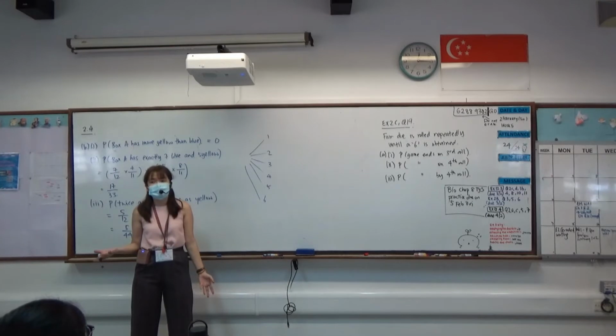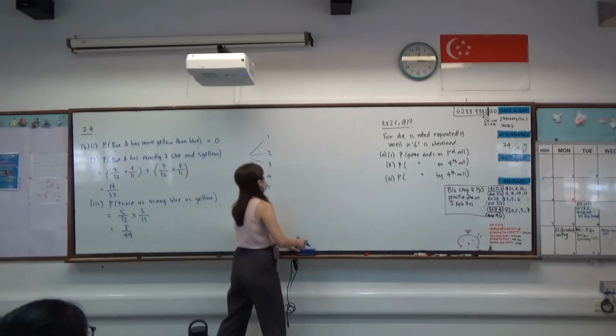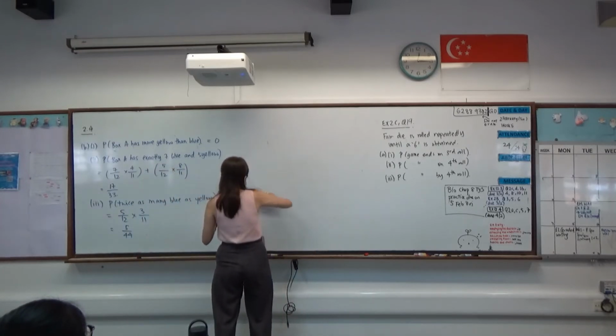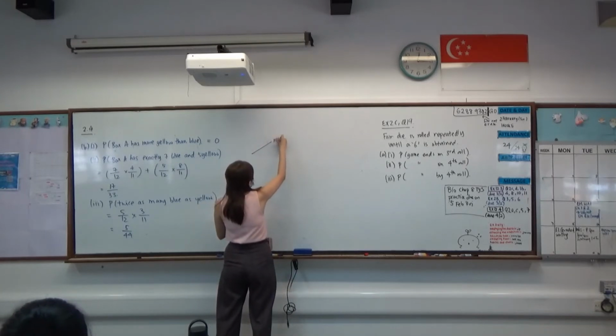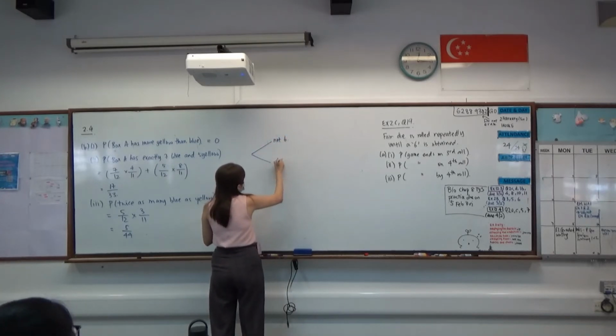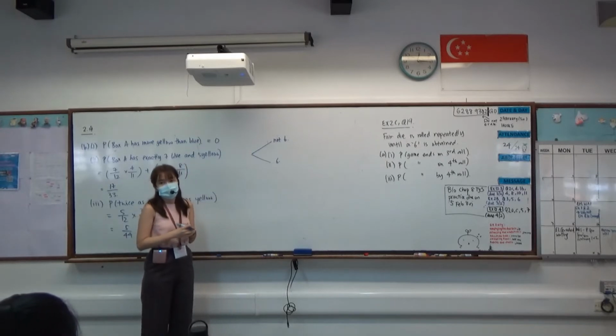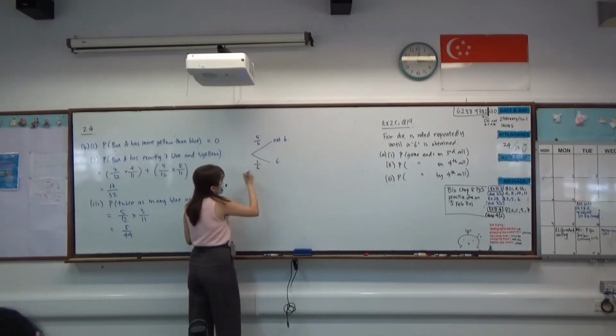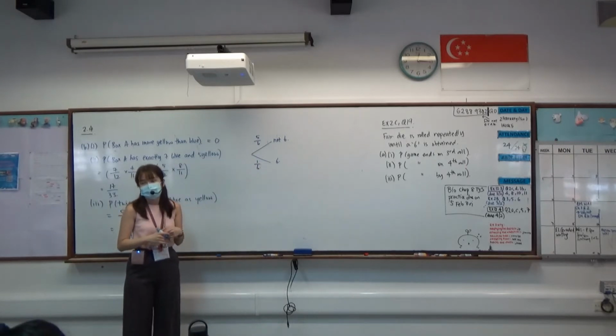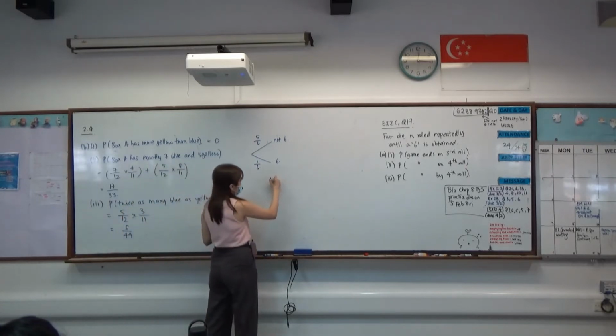That's all. They are not concerned about getting any other number than 6. So to simplify your tree diagram, if you were to draw one, it will either be not 6 or getting a 6. And the probability is 5/6 and 1/6. So this will be in your first row.